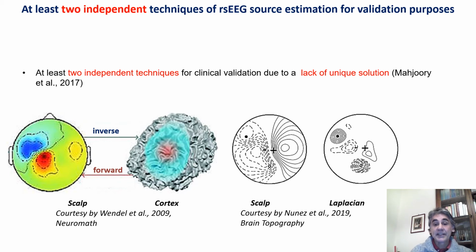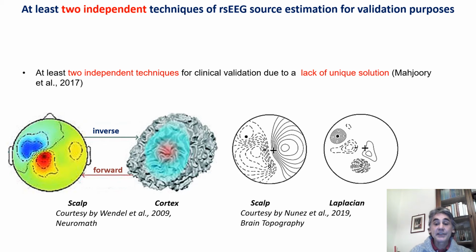Other techniques are available to estimate the radial current density produced by the cortical areas, such as surface Laplacian estimation.